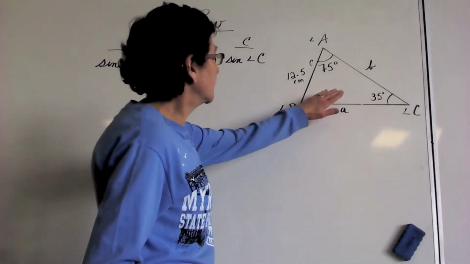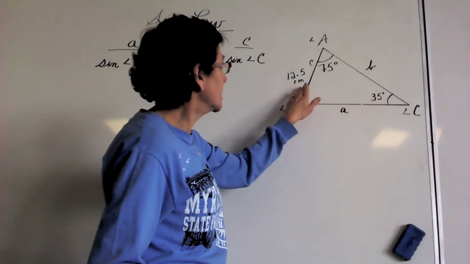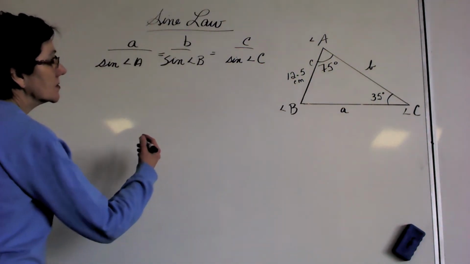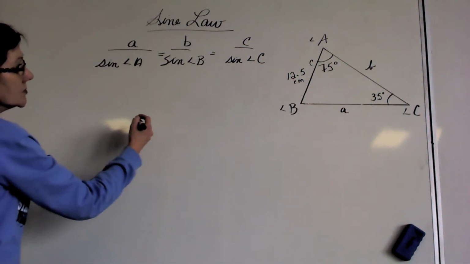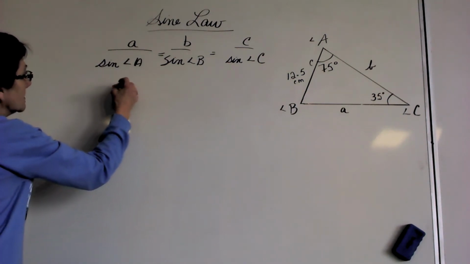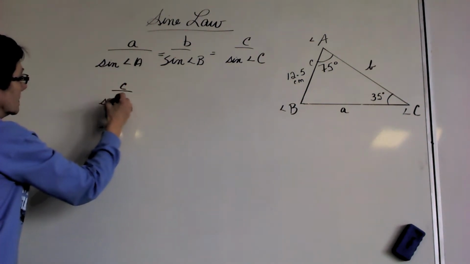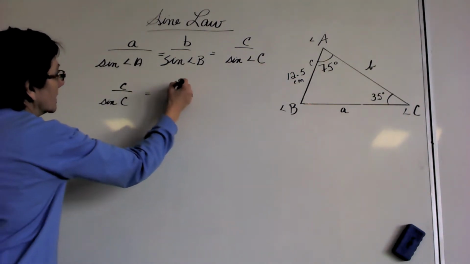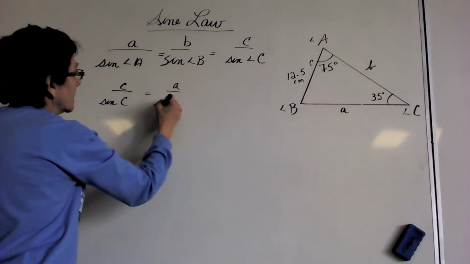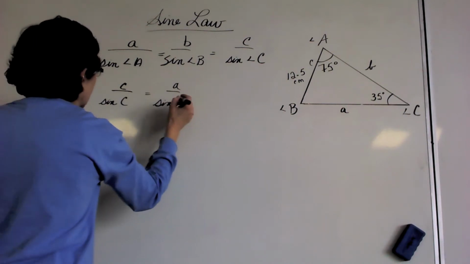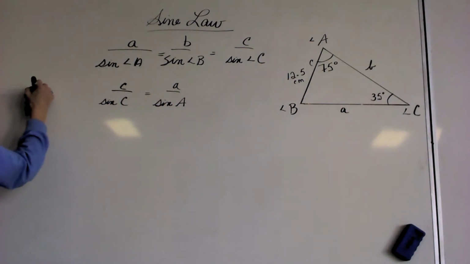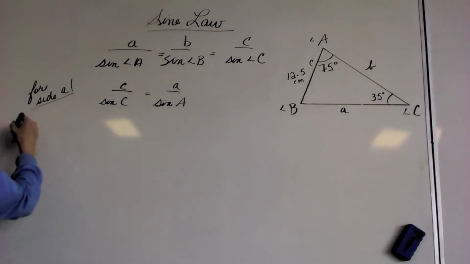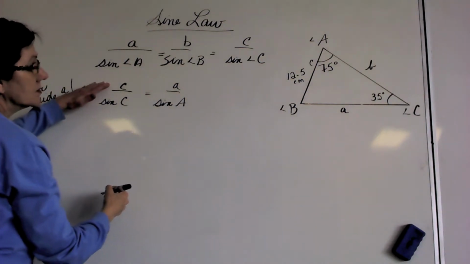Now that we know what we're going to be using, let's write up our equation and then put in our substitution. We're going to use side C over sine of angle C, and that will equal side A over sine of angle A. We're solving for side A. Okay, let's put in our substitution.